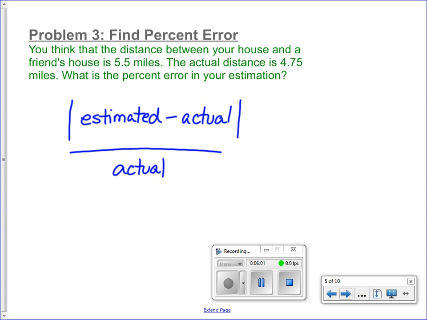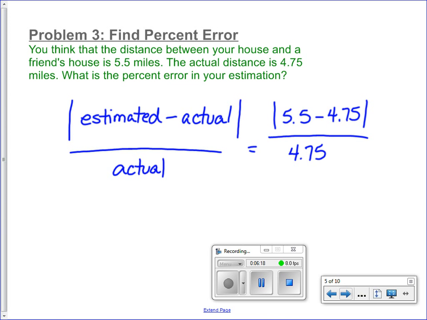Okay, compared to that. So, here we go. Our estimated was 5.5. The actual distance is 4.75. And we're going to divide that by the actual of 4.75.